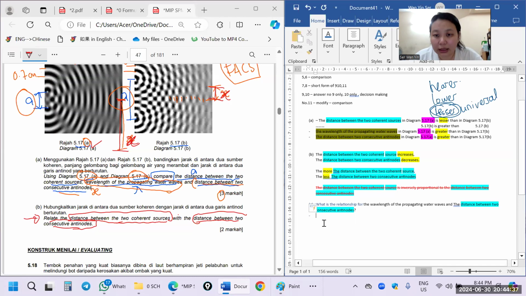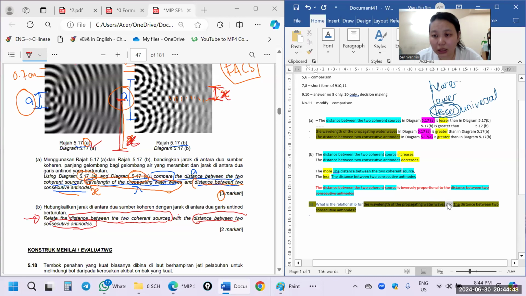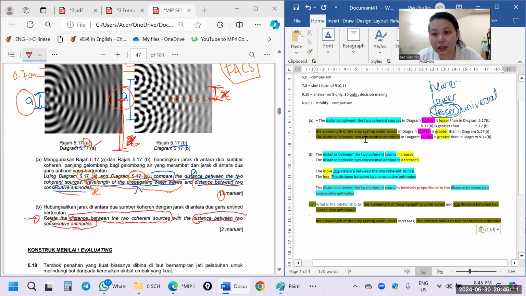Okay, so now let me announce the answer. The answer is: the wavelength of the propagating waves, copy, paste here, increases, comma, then copy here, and the distance between two consecutive antinodes decreases.